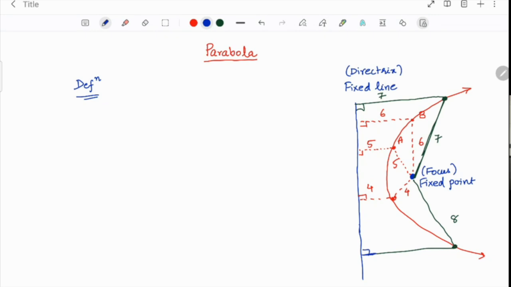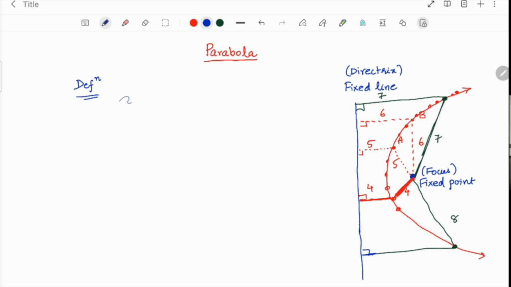So how do I define a parabola now? A parabola is nothing but a collection of points. What is the specialty of these points? That their distance to the fixed point and their distance to the fixed line are both the same.